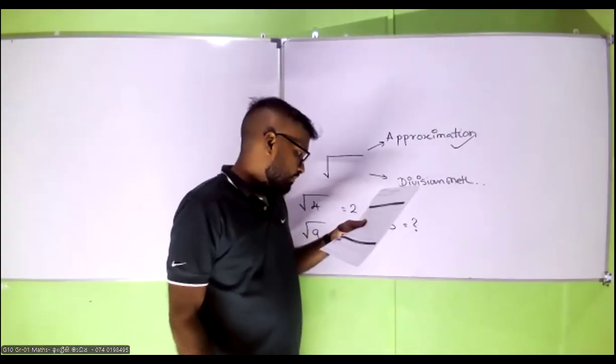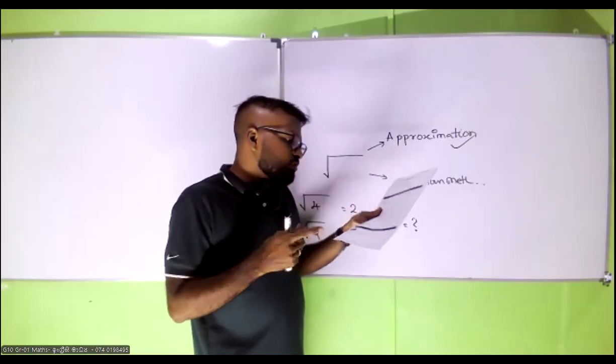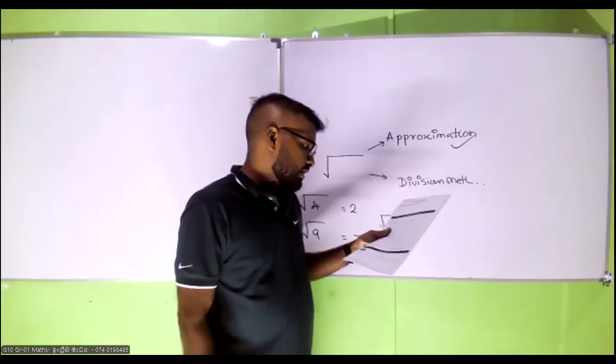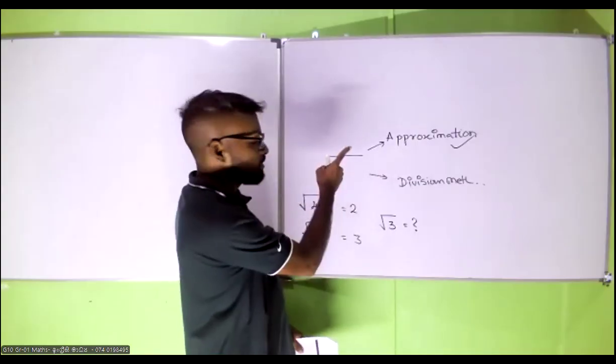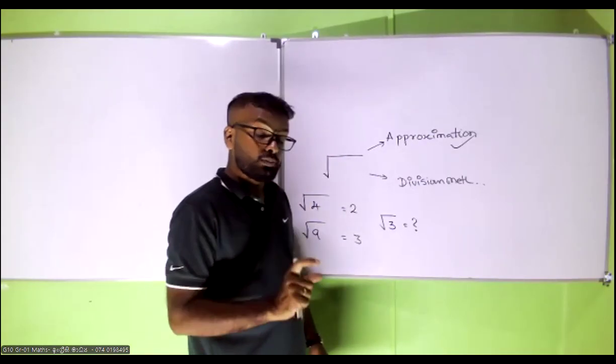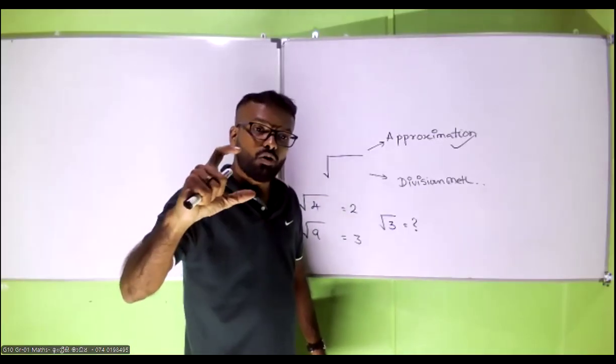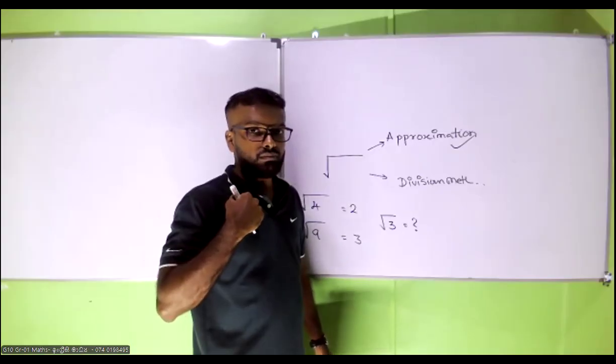No. So let us find a way to find the square root of such a number. It is called the approximation method. I have explained all the necessary things here, and I am going to explain the approximation method step by step so that you can go with me.